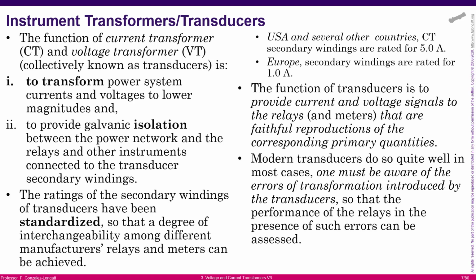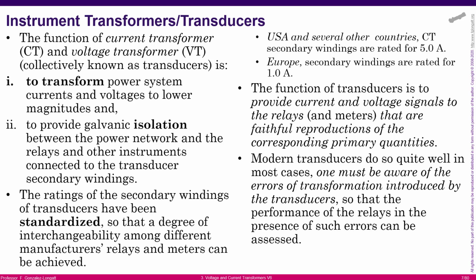As a consequence, we need devices to transform the power system currents and voltages into levels that can be used for protection relays and for monitoring systems. But voltage and current transformers also provide isolation. I mean, as you must be aware, a transformer has a beautiful property that is creating the isolation between the primary and the secondary winding.